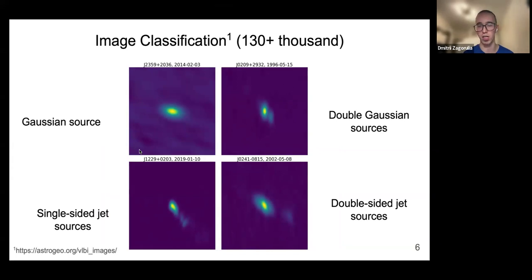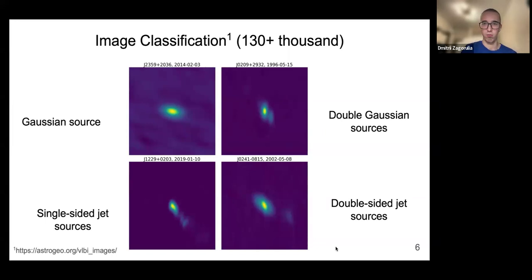And we would like to classify it into 4 morphological classes, which are the Gaussian source, the double Gaussian source, single-sided jet source, and the double-sided jet source. We picked these 4 as we thought that these are the 4 main, the easiest ones to classify. So that's if anyone is wondering why we picked specifically these 4.